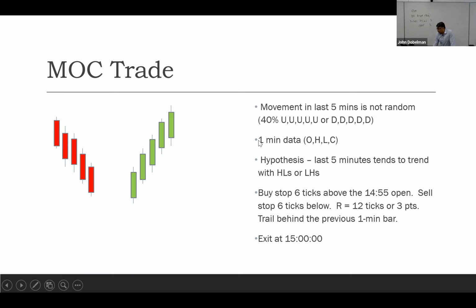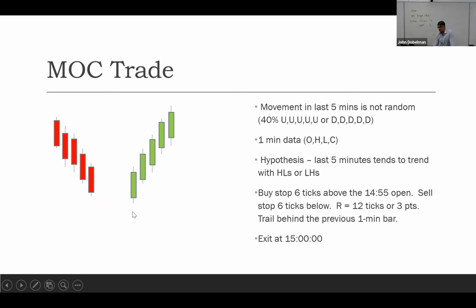So, okay, the data you need is 1 minute data over those time periods. My hypothesis is that the last 5 minutes tends to trend with higher lows or lower highs, is what I was testing, as opposed to just the actual close. So how can I take advantage of that? Well, as soon as this bar opens, let's put a buy stop 6 ticks above, let's put a sell stop 6 ticks below.